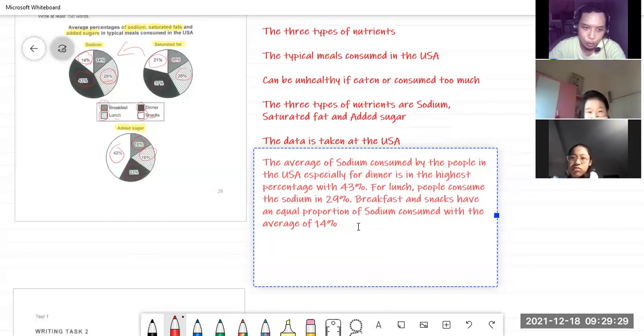Next, who can make me the points for saturated fat? Raise your hand, please. Okay, so this is the first chart. Who can explain me the second chart?